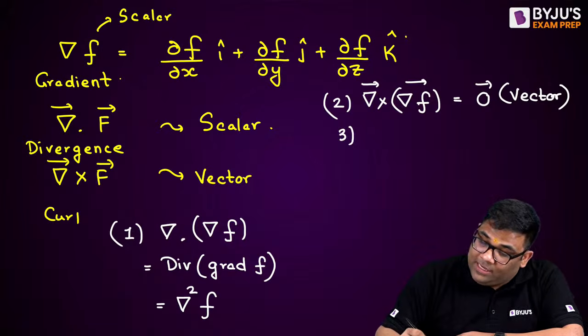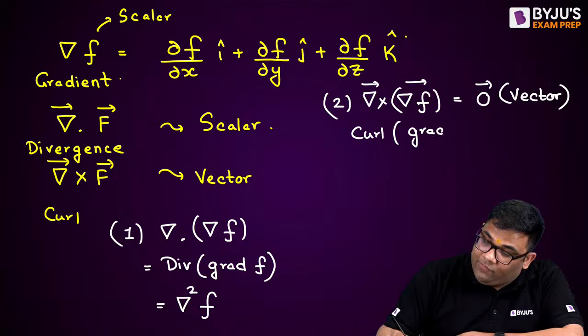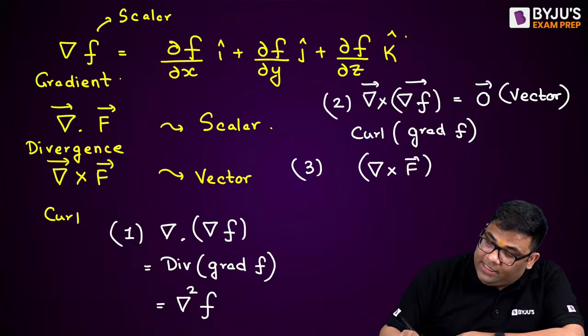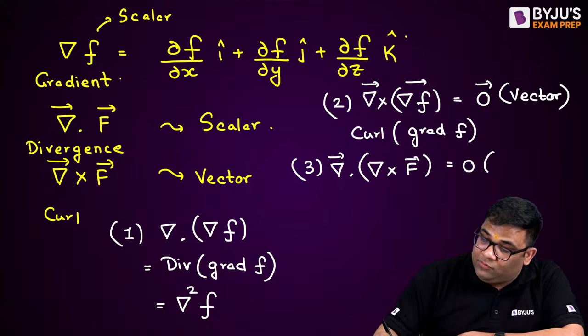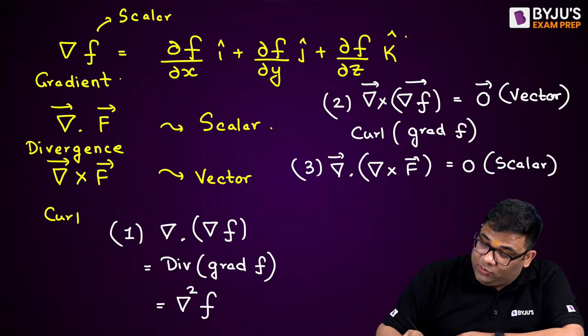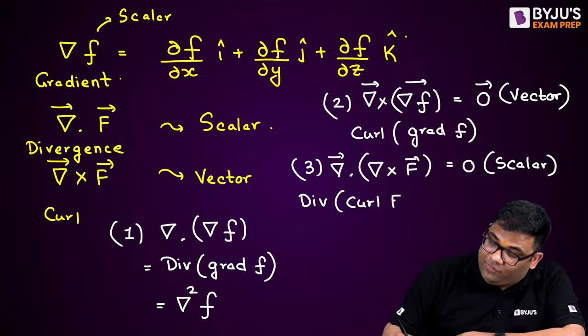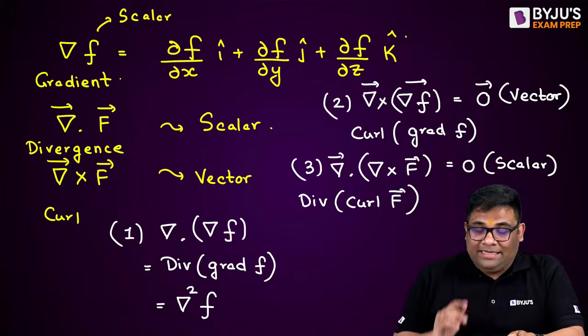This was the curl of gradient of f. Now the third thing I told: you take the curl of a vector function and then take the dot product. This is 0, but it is a scalar 0, because it is the dot product of two vectors. This is the divergence of curl of a vector function. Clear? These things we have studied till now.